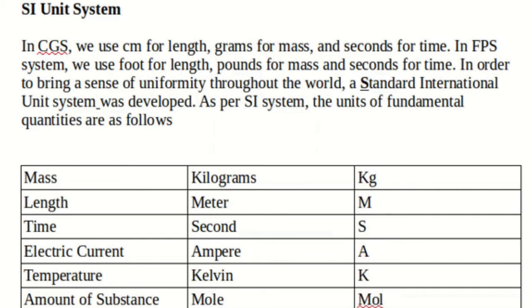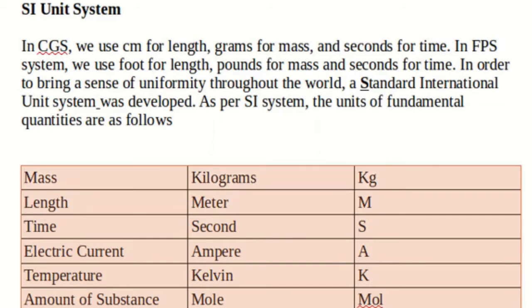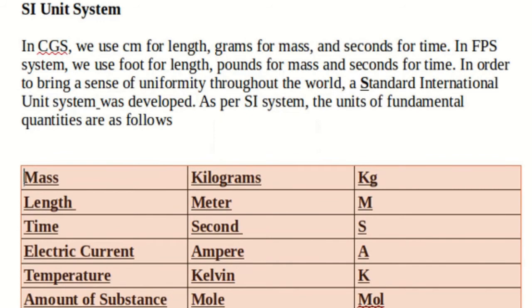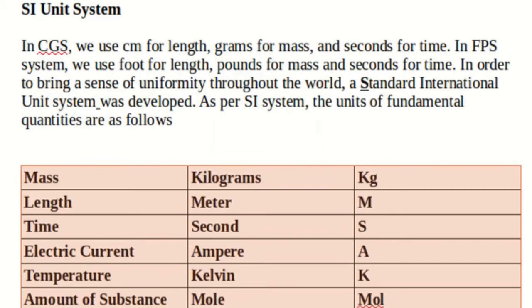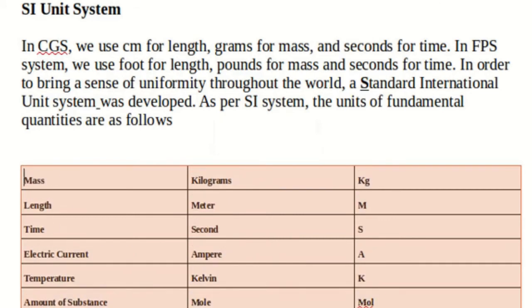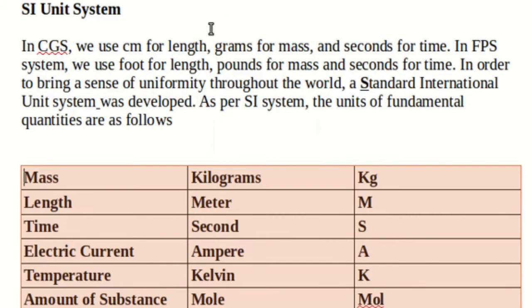Thus, a physical quantity can have a number of units, as there are many standard systems to express various fundamental quantities. Some of the commonly used unit systems are CGS, FPS, and SI unit system. In CGS system, we use centimeter for length, gram for mass, and seconds for time.